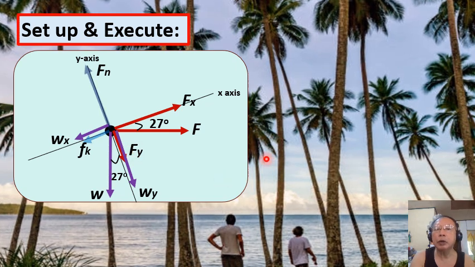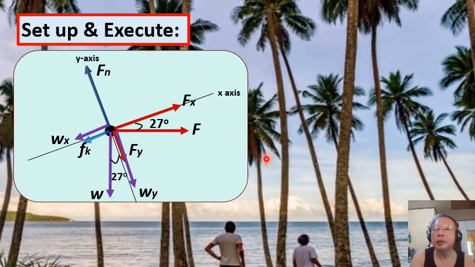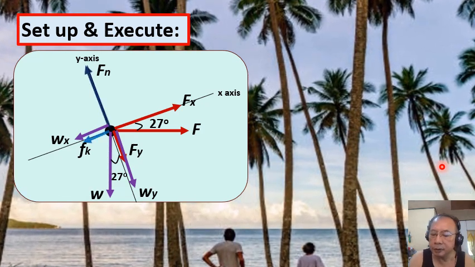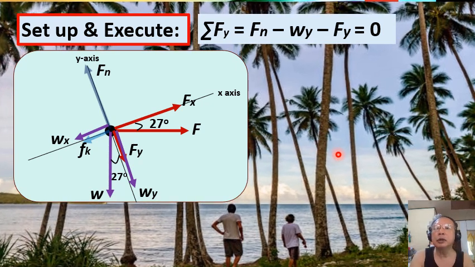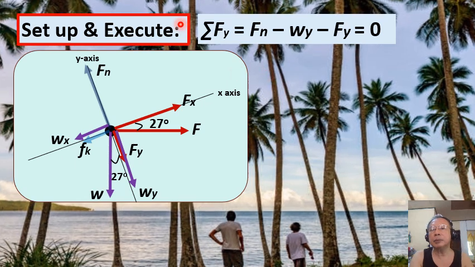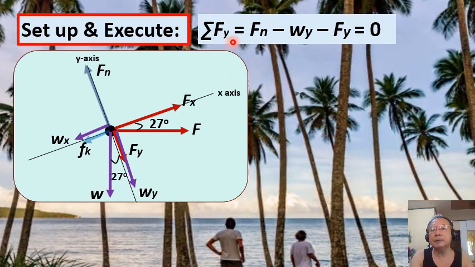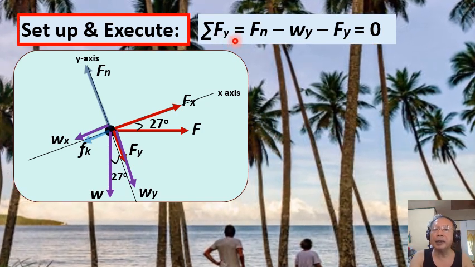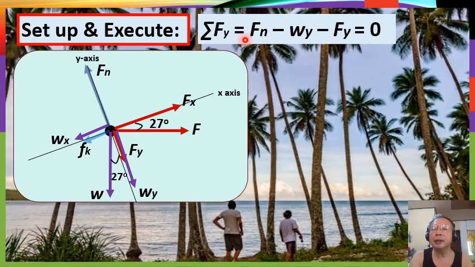So for our first target variable, which is the normal force Fn, we apply the first law of Newton, or the law of static equilibrium, which mathematically can be expressed as the sum of all the forces acting along the y, denoted by F sub y.